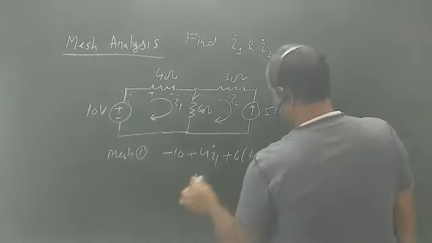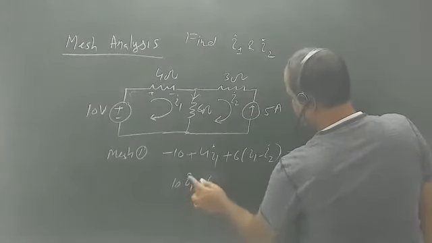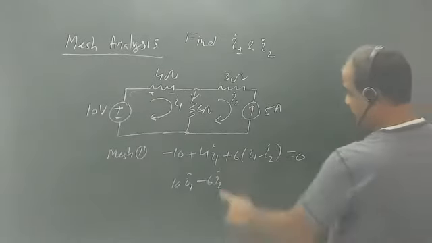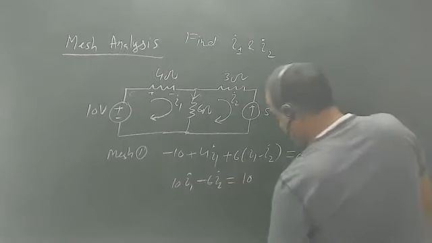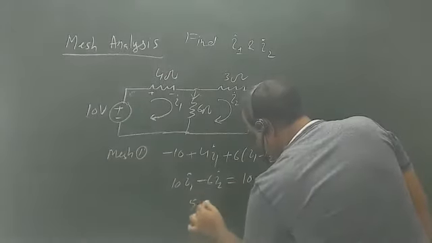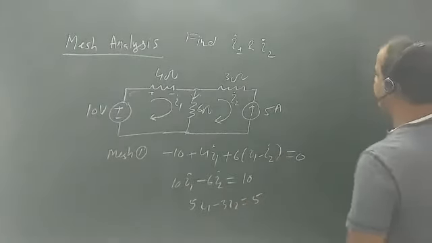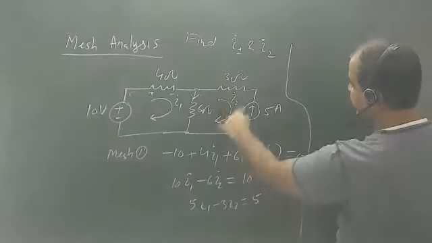So this becomes 10 I1 minus 6 I2 equals 10. This becomes 5 I1 minus 3 I2 equals 5. Now write in the second mesh.